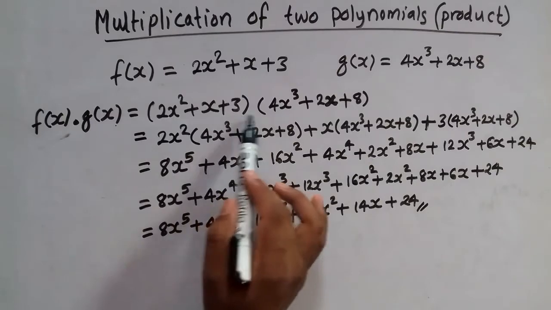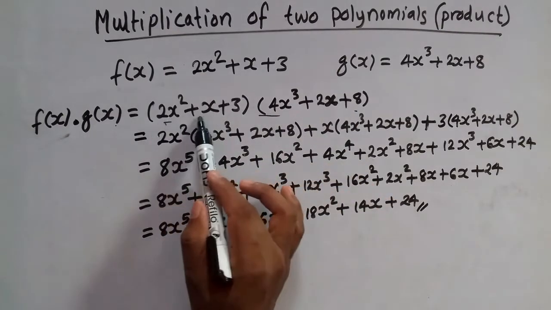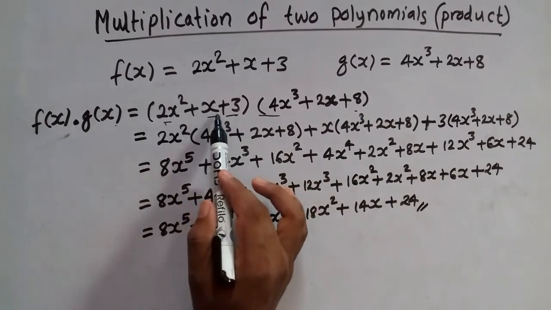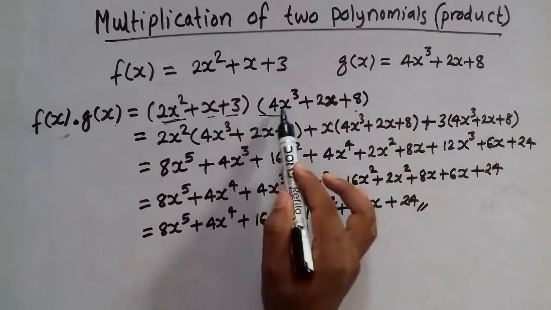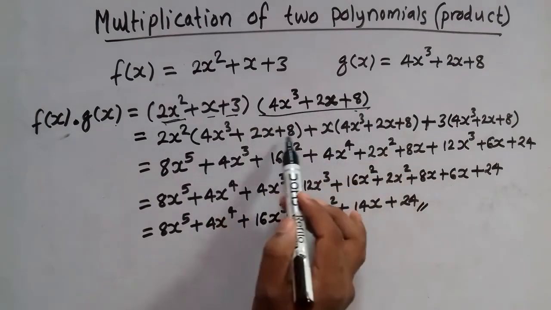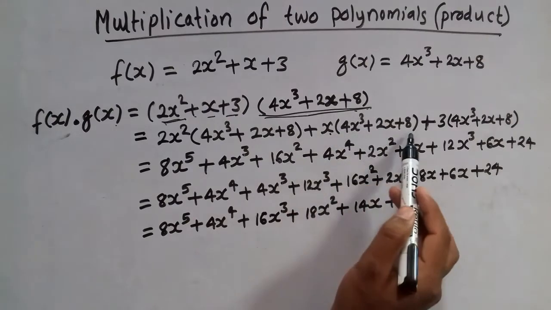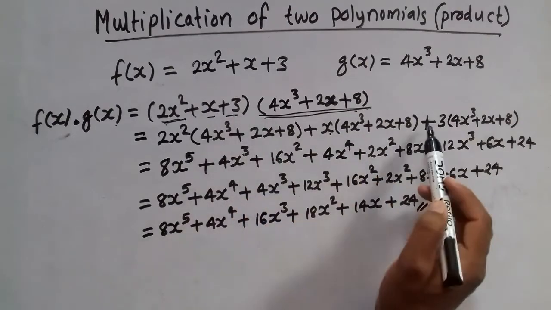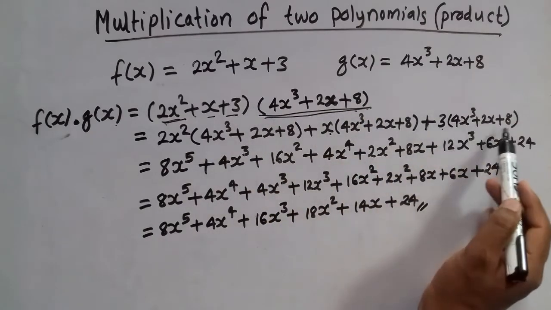Here we have to multiply the second polynomial by every term of the first polynomial, like this term is multiplying this whole polynomial, again this plus x is multiplying this whole polynomial, again plus 3 is written here, this plus 3 is multiplying this whole polynomial.